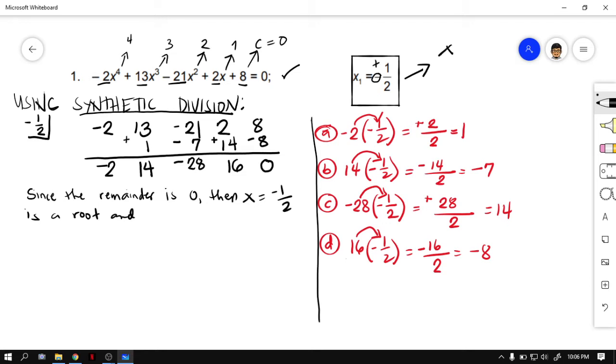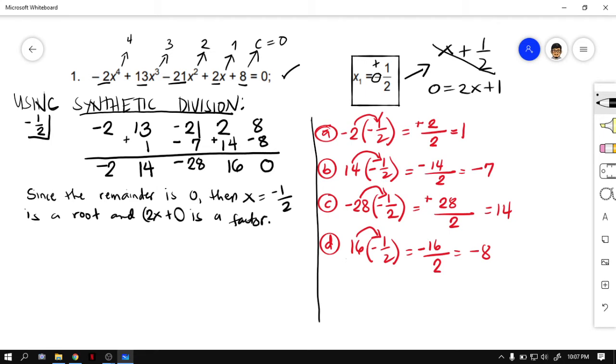So, x plus 1/2. Correct? But then, parang wala namang ganitong nakasulat kapag nagpa-factored form. So, anong gagawin mo? Cross multiply. So, magiging 2x plus 1. Okay? Yan. And, 2x plus 1 is a factor.